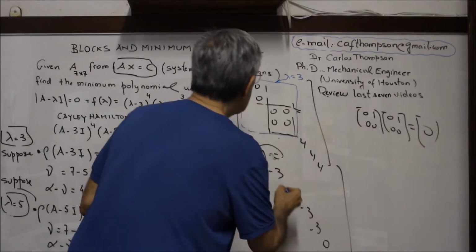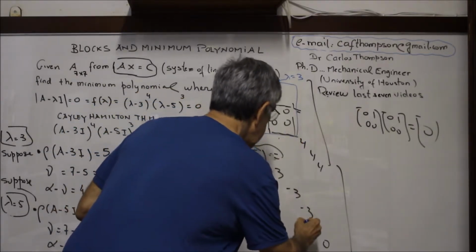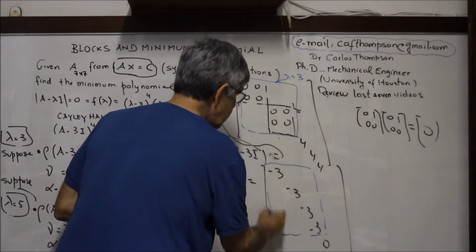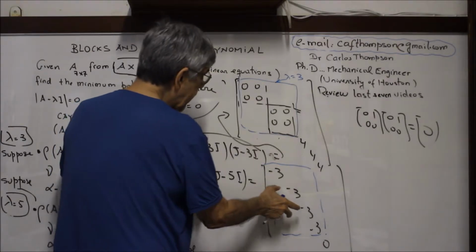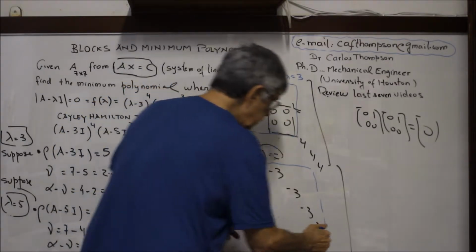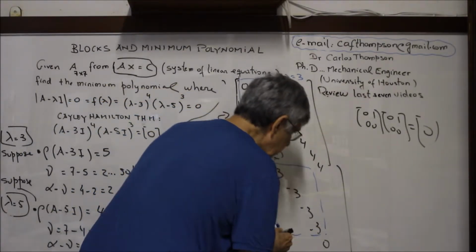Look here, I have the 4, you see these? These are different from 0. When I multiply this times this, the whole thing will be 0. I have 3, 5, so there is another 0 over here.